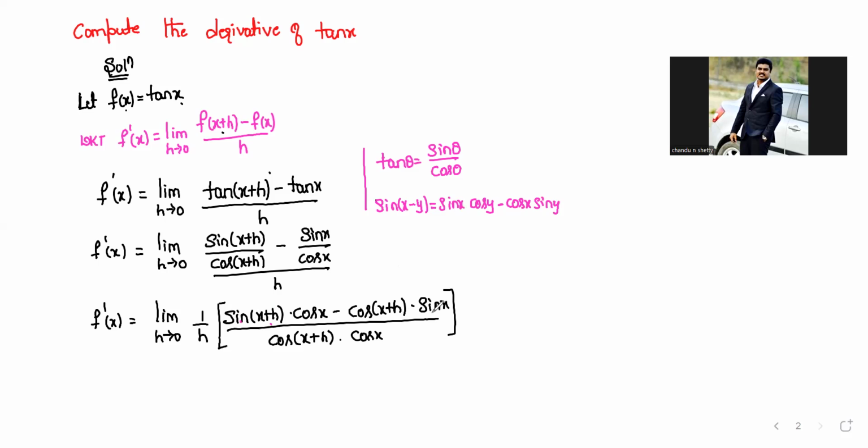Okay, now f dash of x is equal to limit h tending to 0 1 by h. You should keep it here.